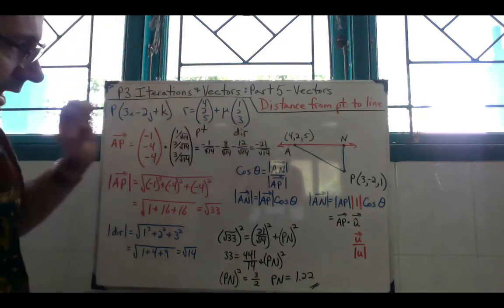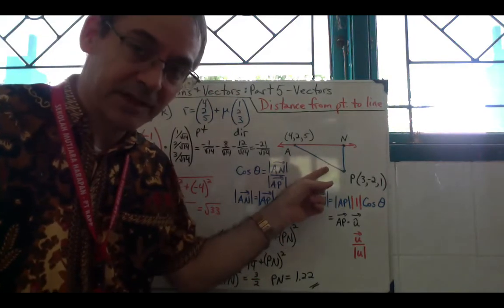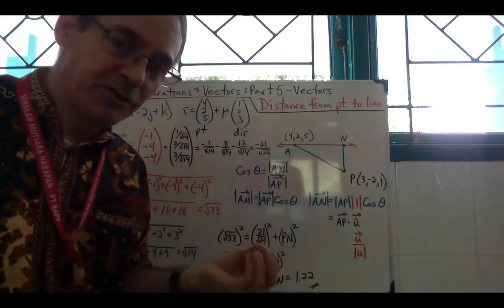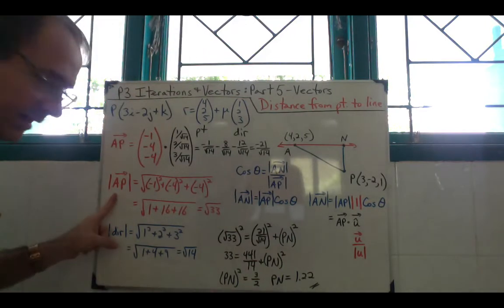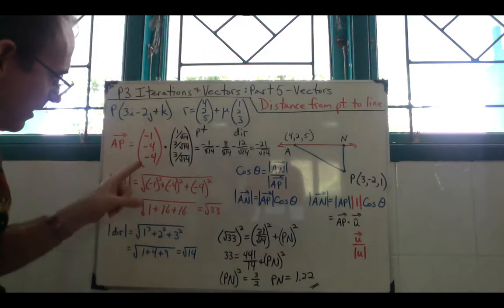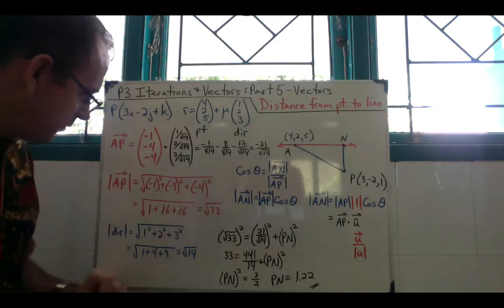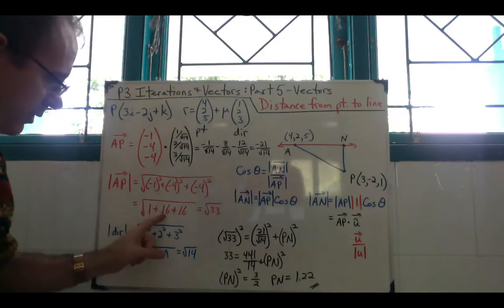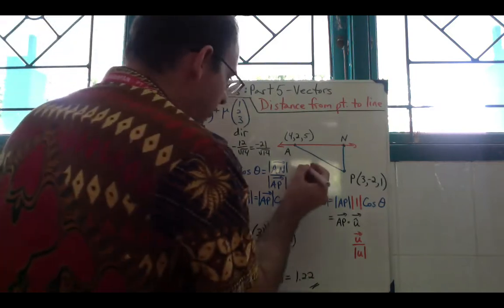Now, don't worry about the black part yet. So that gives us this direction. Okay, that's direction. Now we want to do the magnitude of that. So here's the magnitude of that. Square root of -1 squared plus -4 squared plus -4 squared gives us square root of 1 plus 16 plus 16, which is the square root of 33.